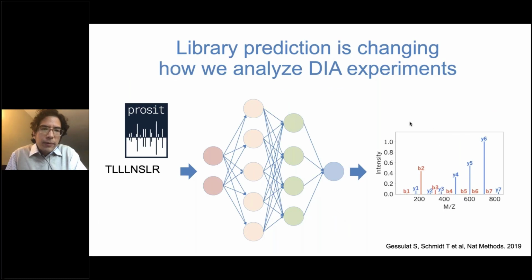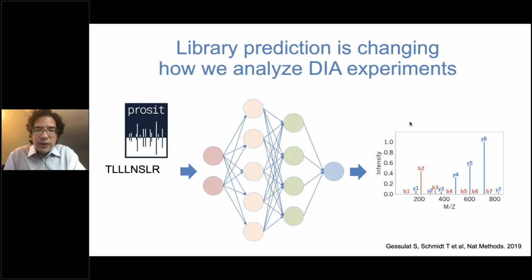So Nick talked a little bit about trying to develop these predicted libraries, and this is actually a really excellent new strategy, which has been changing a lot of the ways in which we've been analyzing DIA experiments in just the year that this work has been out. So with a tool like PROSIT, you would end up entering in a peptide sequence.